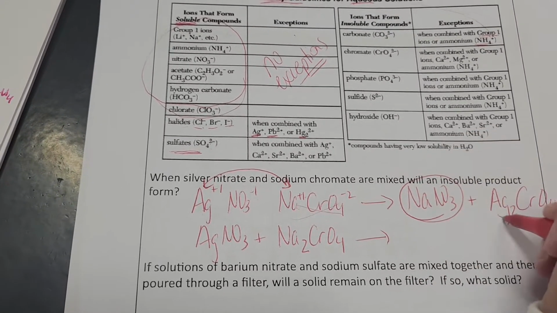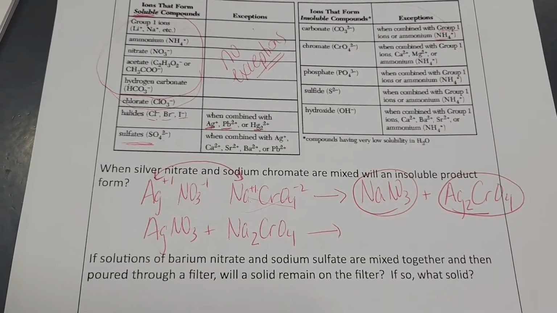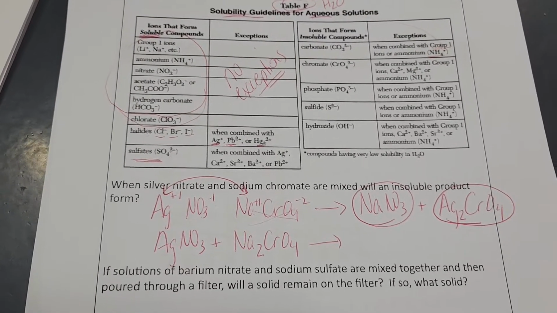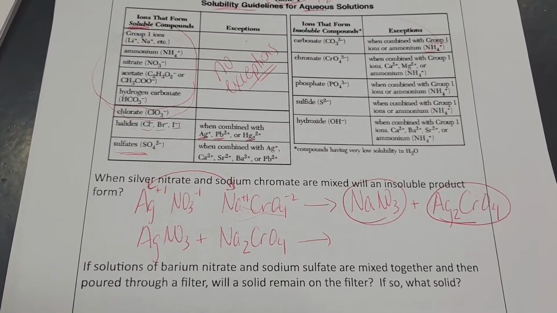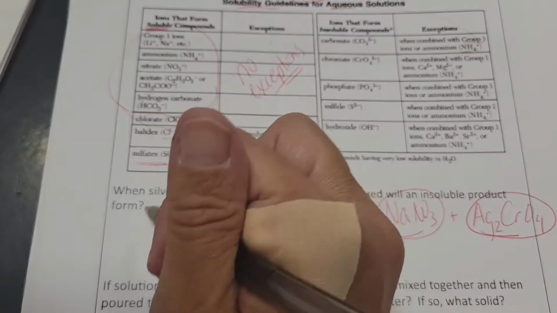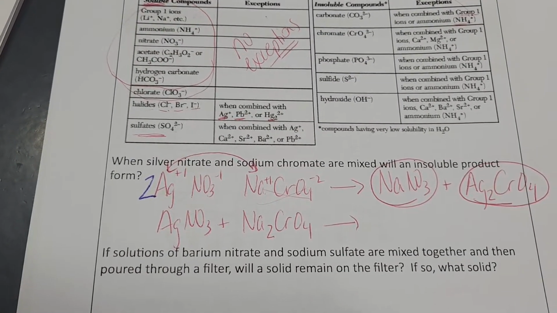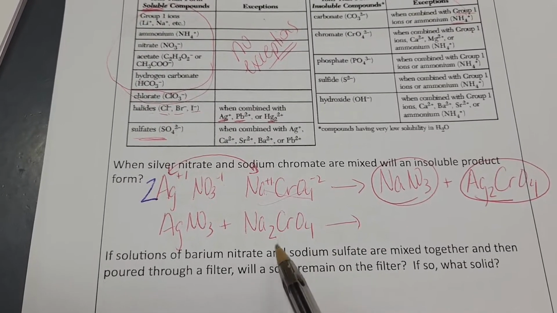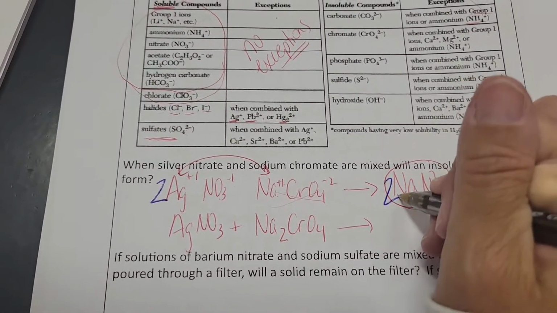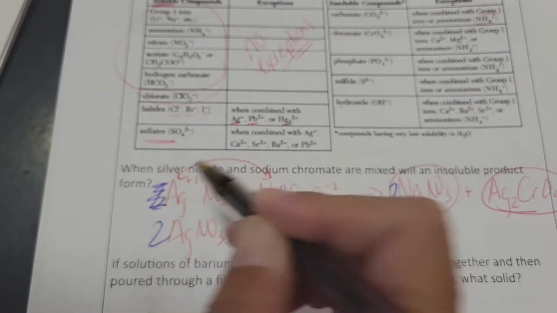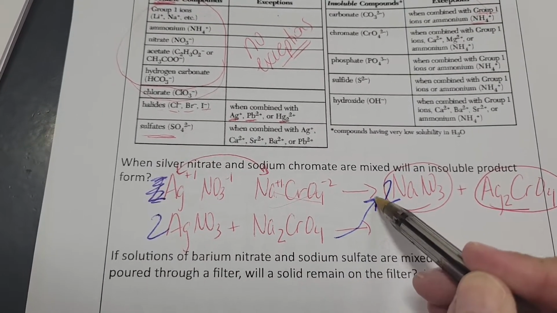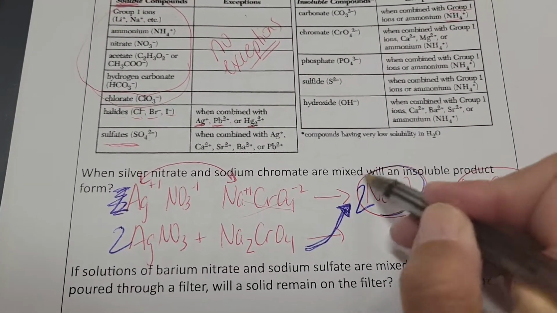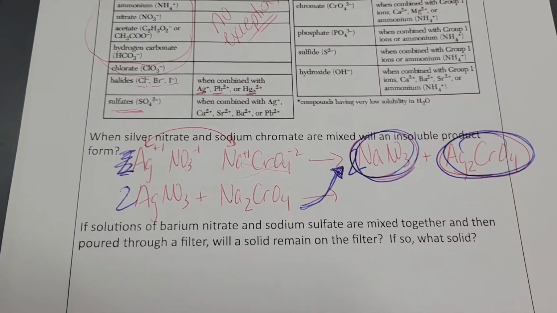If they needed us to balance that equation, if this was a multi-part question, we have 2 silver here, so we would need 2 silver there. And we have 2 Na here and only 1 there, so we would need a 2 there. All right, so these are our 2 products, sodium nitrate and silver chromate.